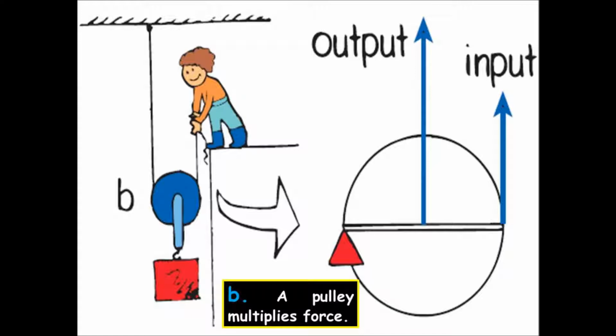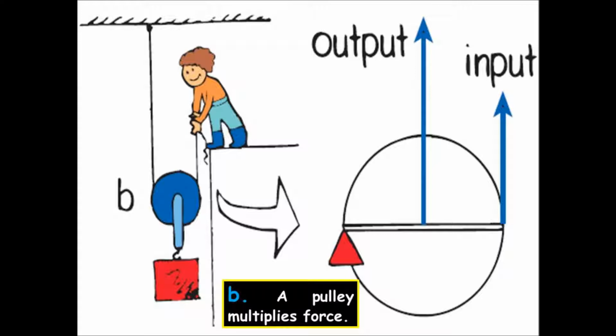So the input force here is half the output force. The output force is the actual load. So the direction of the force input and output is the same, but the input force is less than the output force. So this is a little different in other aspects.